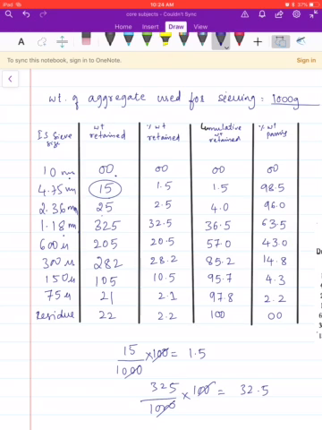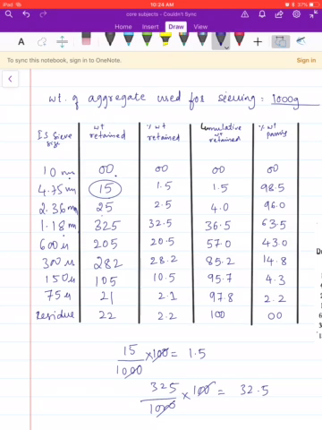Now after writing percentage weight retained, what we have to do is calculate the cumulative weight retained. Okay, so it's a very simple procedure here. So first is 0. We have not obtained anything on 10 mm IS sieve. In 4.75 mm we have obtained 1.5, so I'll directly write this 1.5 here.